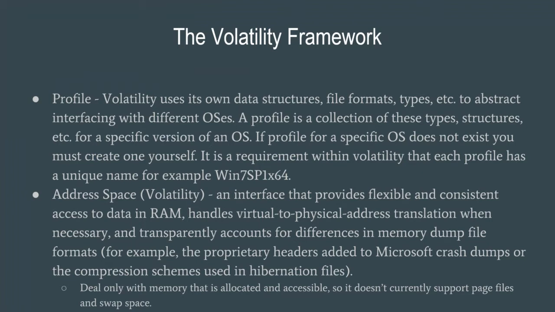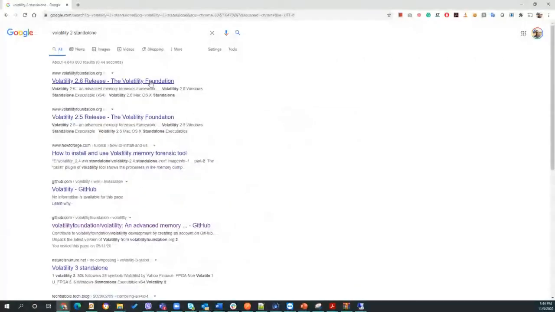Here, so this is the Volatility 2.6 that you can indeed download and leverage. It's loading for whatever reason.